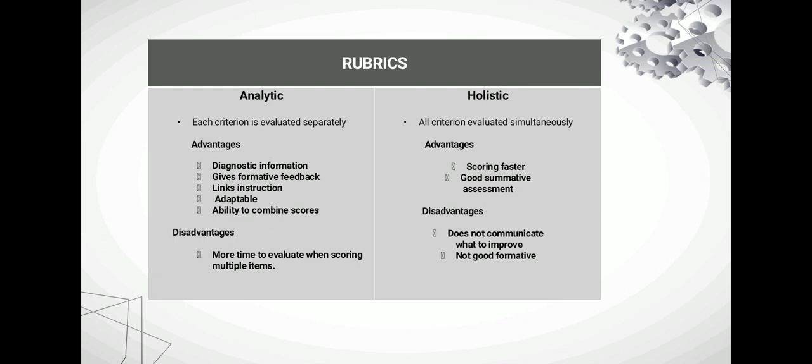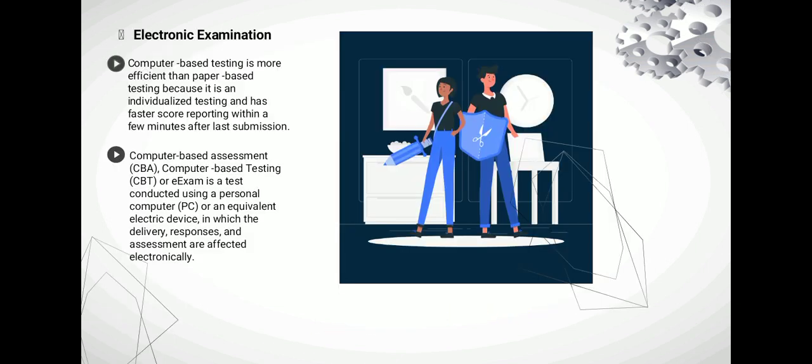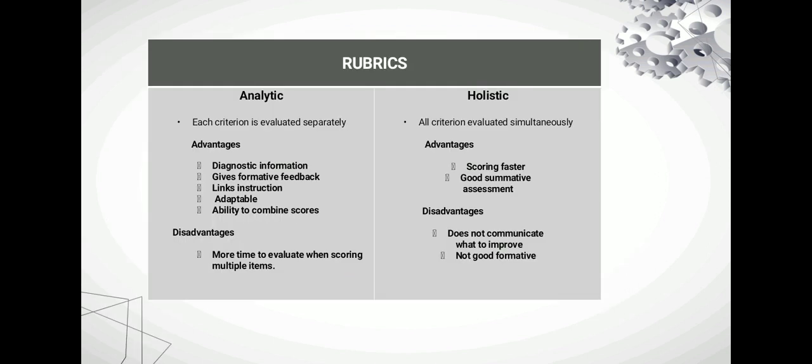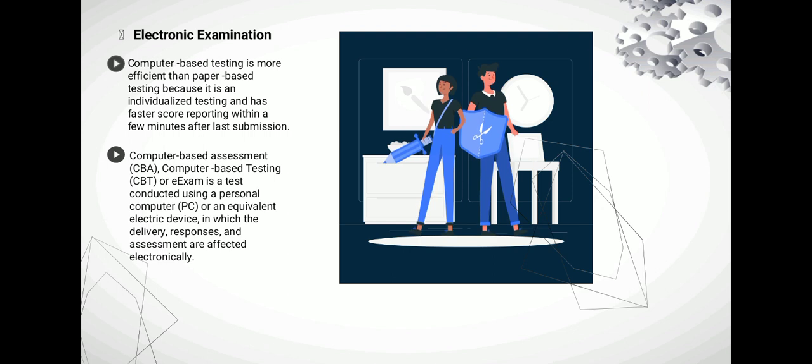It is a good summative assessment, but the disadvantage is the feedback, it is less, so it does not communicate what to improve and is not a good formative. So that is the difference of analytic and holistic rubrics.